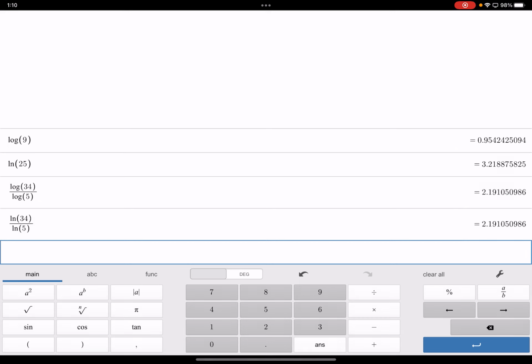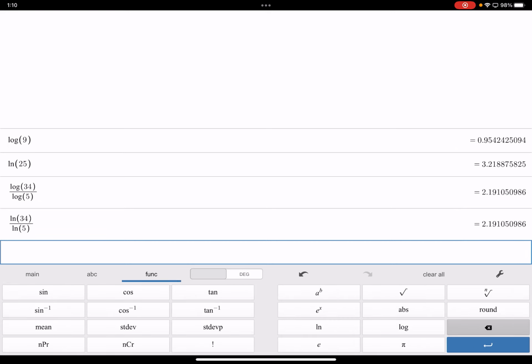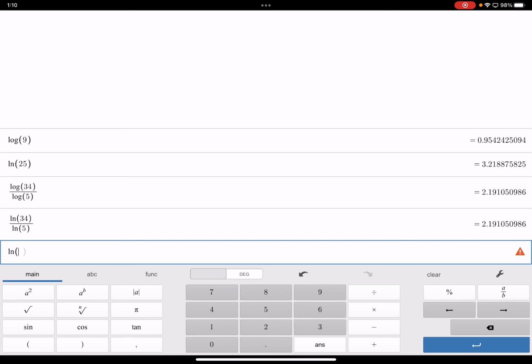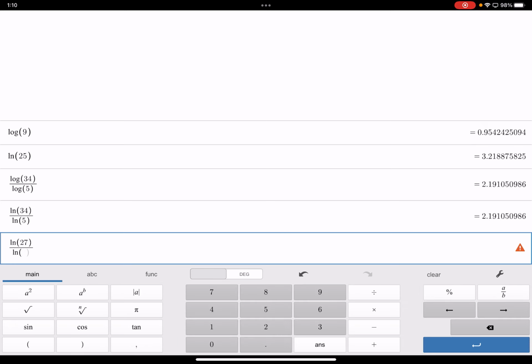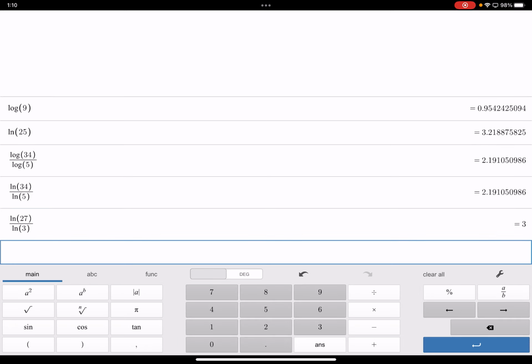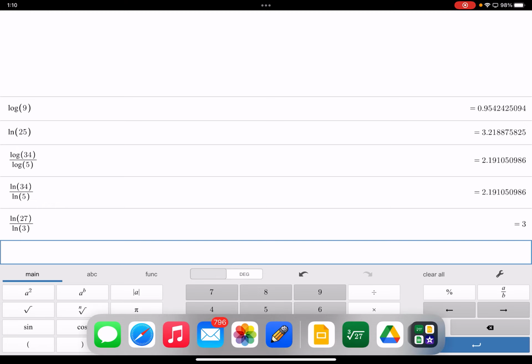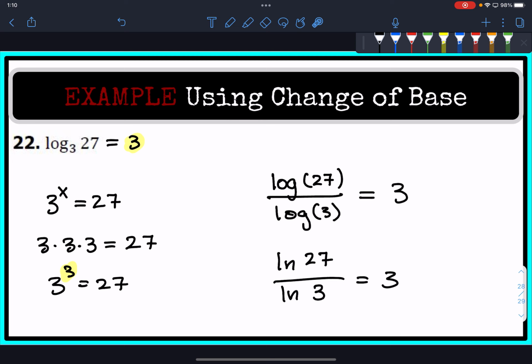You see, the natural log of 27 divided by the natural log of 3 equals 3. So even in those types of problems, you can use this change of base. If you cannot figure it out using exponents, you can go straight into the change of base formula to evaluate logarithms using the common log or the natural log.